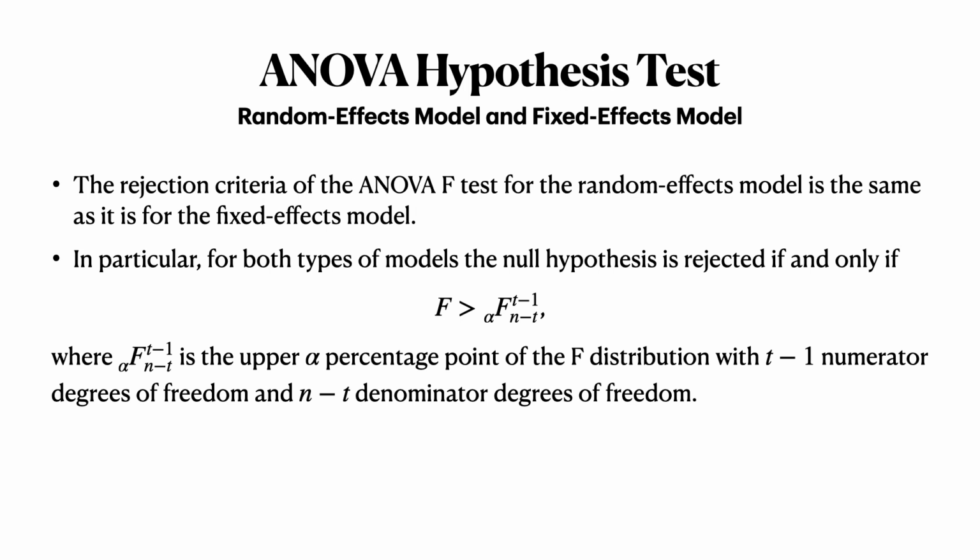In particular, for both types of models, the null hypothesis is rejected if and only if the F statistic is greater than the upper alpha percentage point of the F distribution with t-1 numerator degrees of freedom and n-t denominator degrees of freedom.